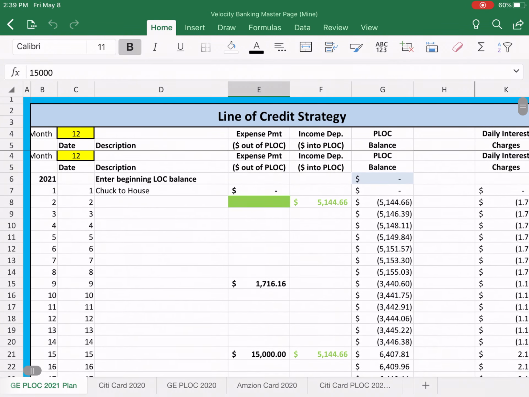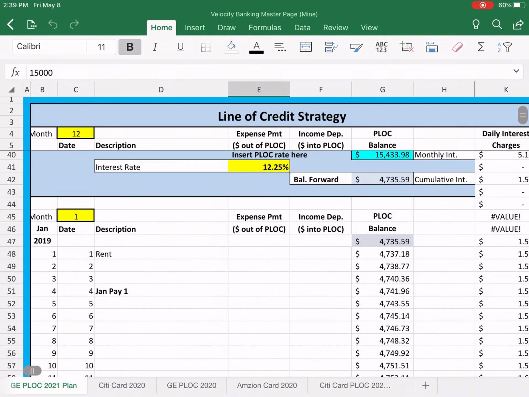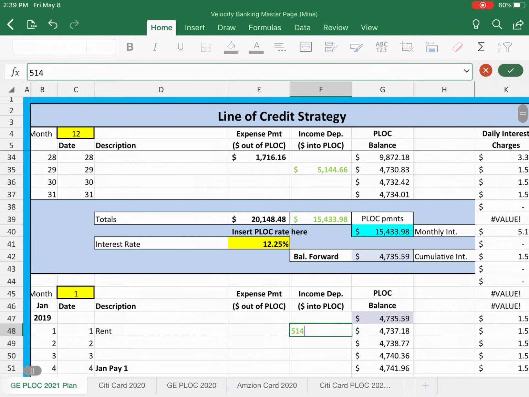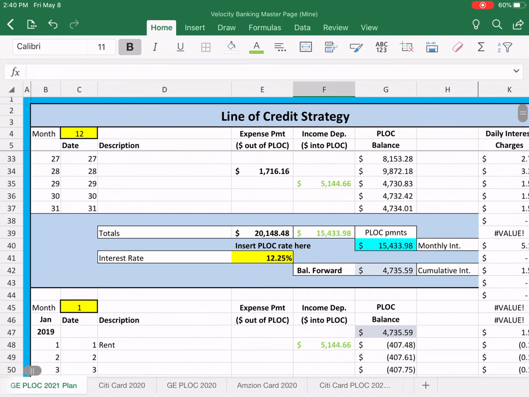I don't know why this is doing that. So 5144.66, and I have to do it in January.